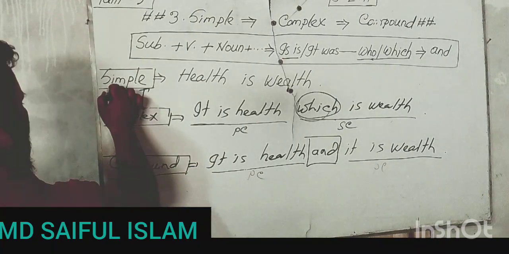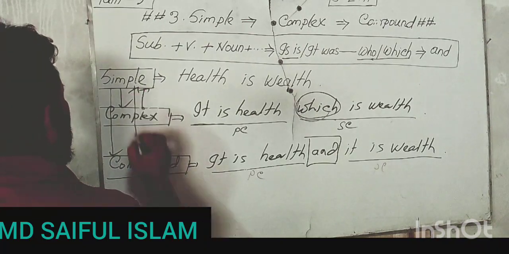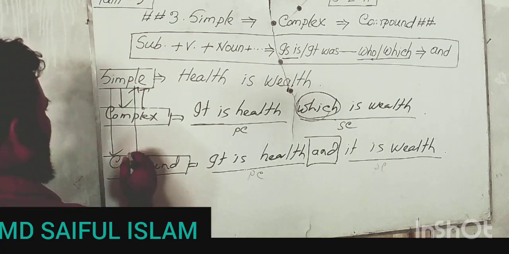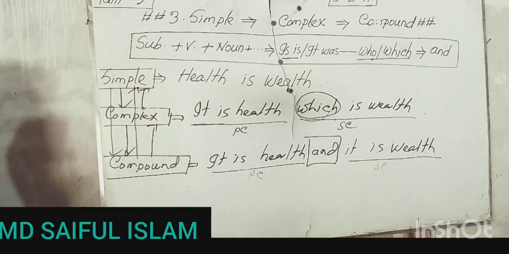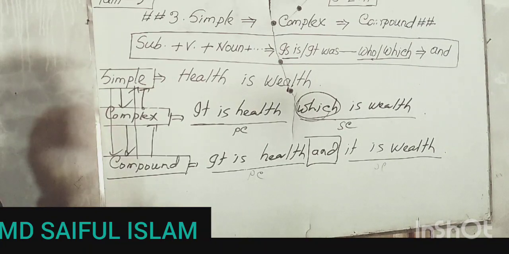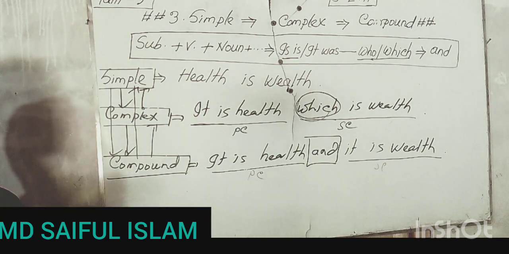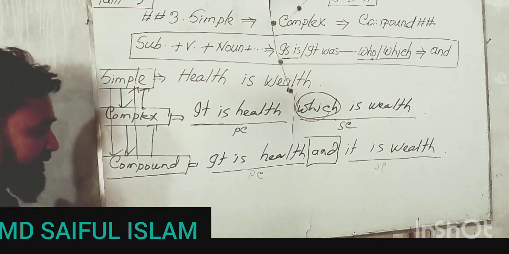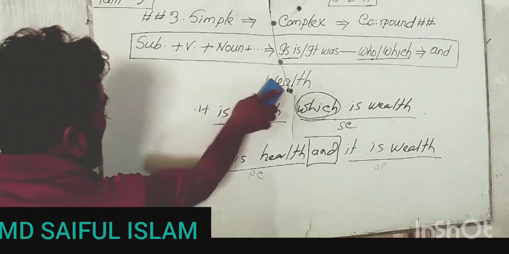Then simple to compound and compound to simple. Number 5, complex to compound and compound to complex. So viewers, if you learn in this way one rule, you will have learned six rules.